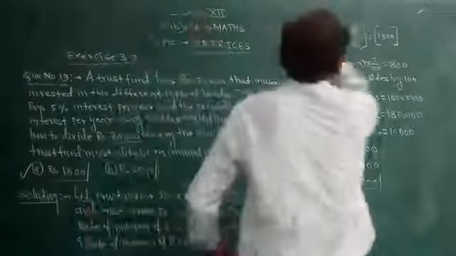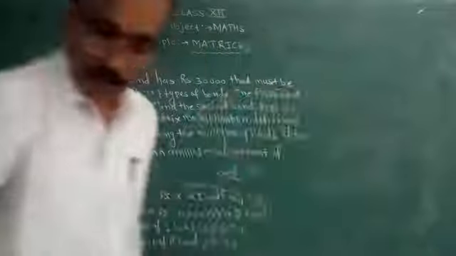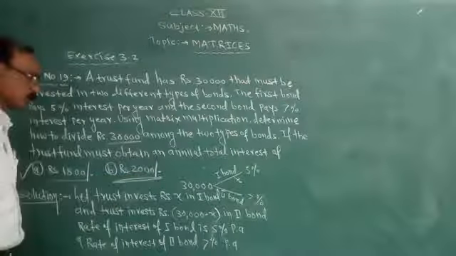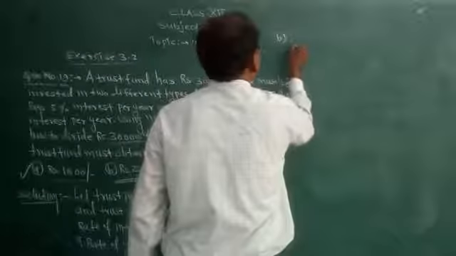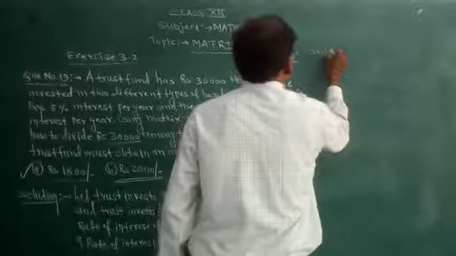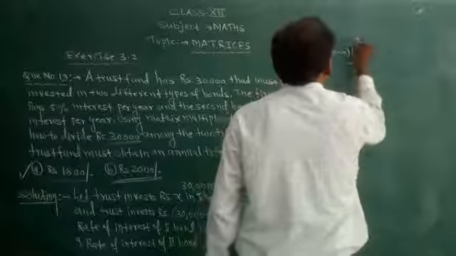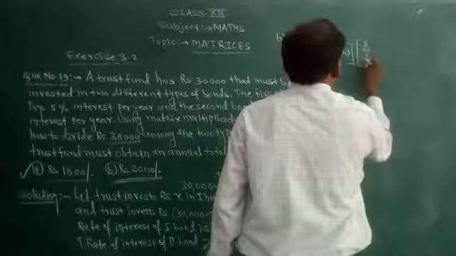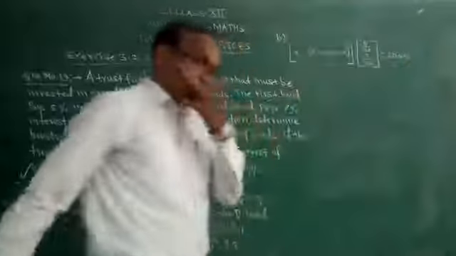Next case for B. B is also same. Now here, if the trust wants total annual interest at rupees 2,000, then again for B it will be this x, then 30,000 minus x, into 5 over 100, 7% equal to 2,000, total.